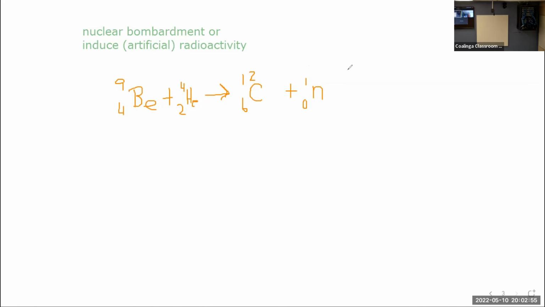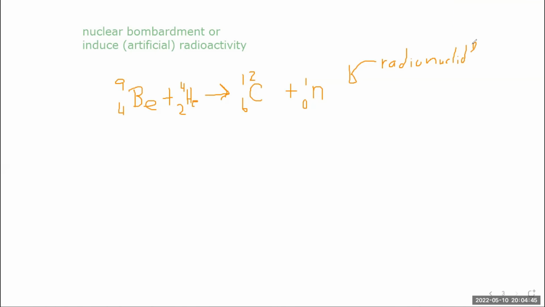Okay, this here is basically called a radionuclide. So for this one, the radionuclide is the neutron that was added, or the whole?